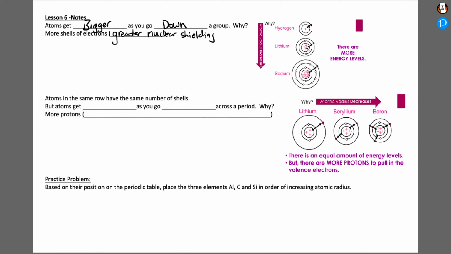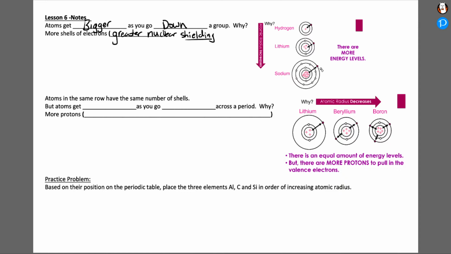We've got these protons that are in the nucleus here, and they are pulling these negatively charged electrons in. That's what holds those electrons in here. It's pulling them closer and closer. Well, as I get bigger and bigger, I'm adding more and more electrons that shield or get in the way of these protons trying to pull these valence electrons in.